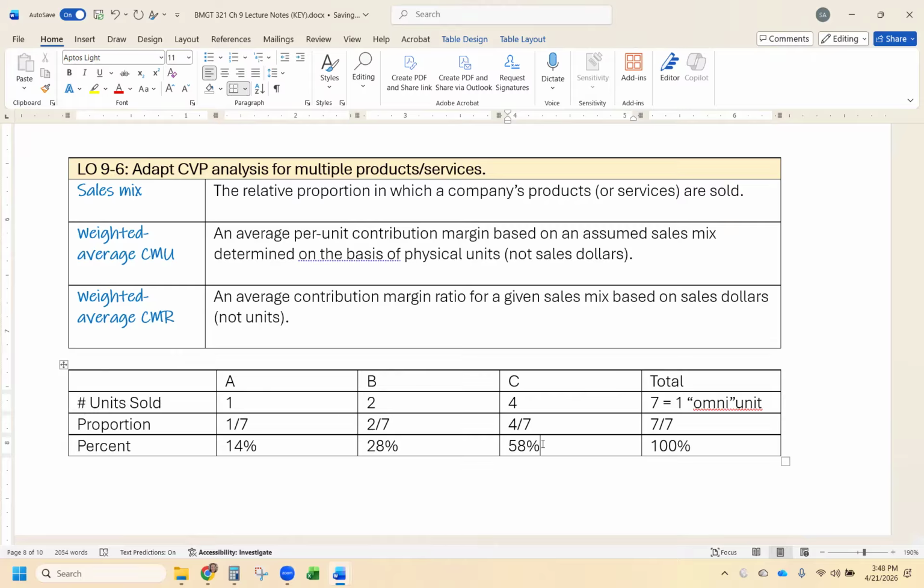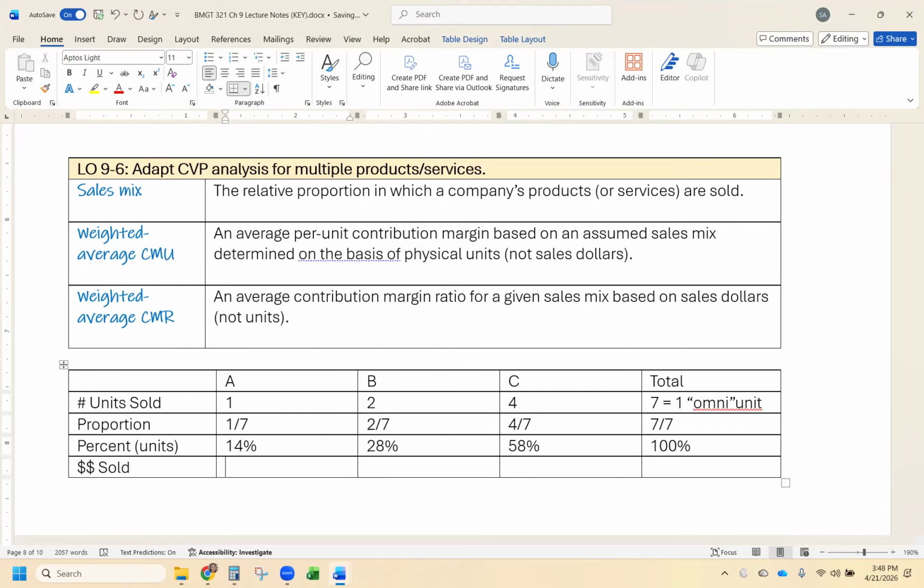We're going to have another weight that's based on sales dollars. So this is the unit percents. Then we're also going to have dollars sold, because they might have different prices, right? They might not all be the same price.